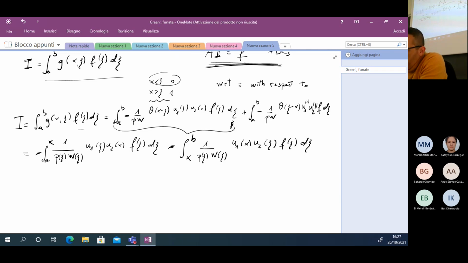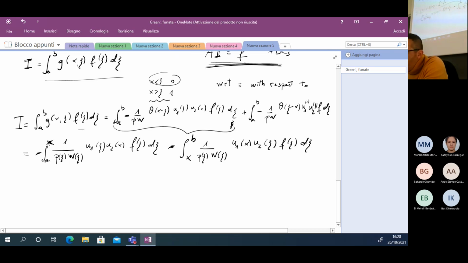In this way, first of all, I write a shorter integral. I can get rid of the theta because I have already taken it into account, stopping the integral at x here, or starting the integral from x here. For this reason, I didn't write the theta.